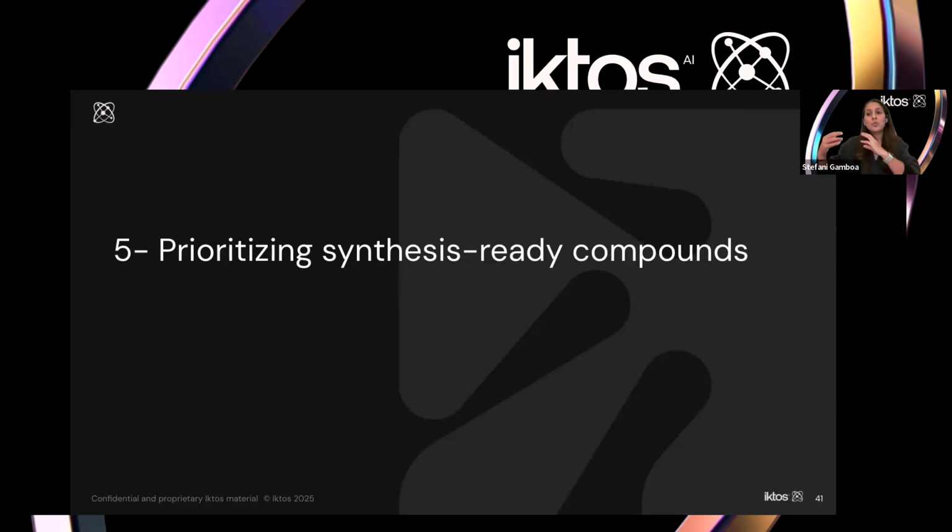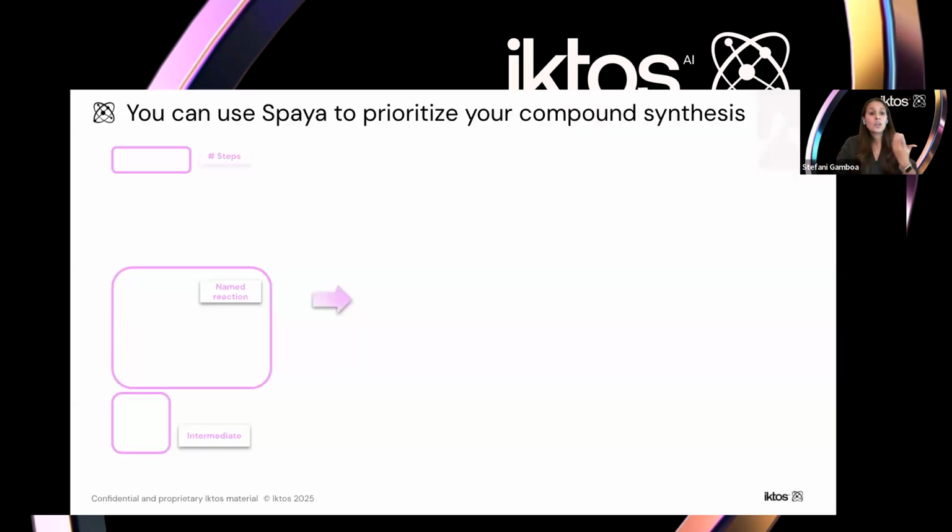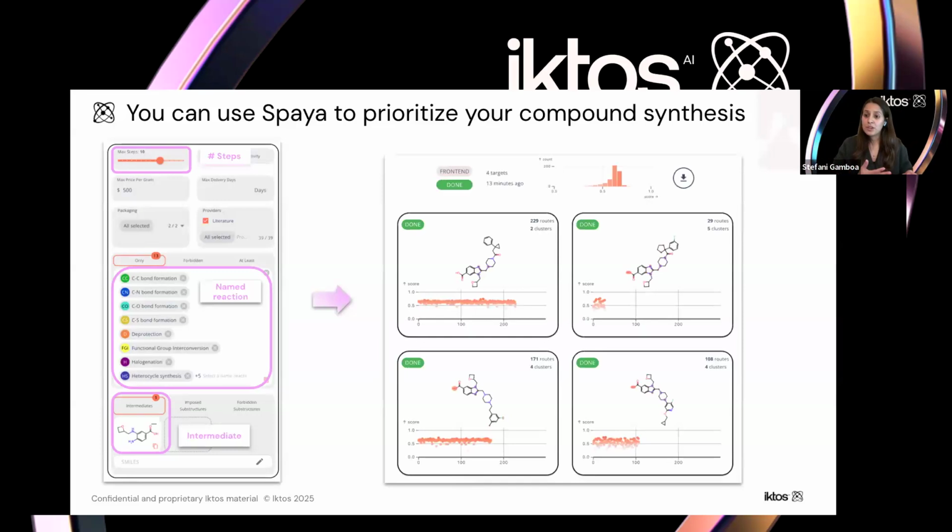But in order to prioritize synthesis, you can also use SPIA, which I already presented to you. With SPIA, you can evaluate different kinds of retrosynthesis using your chemistry intuition, your chemist insight. For example, you can look for routes with a maximum number of steps, with a maximum price per gram, with different providers and packaging.